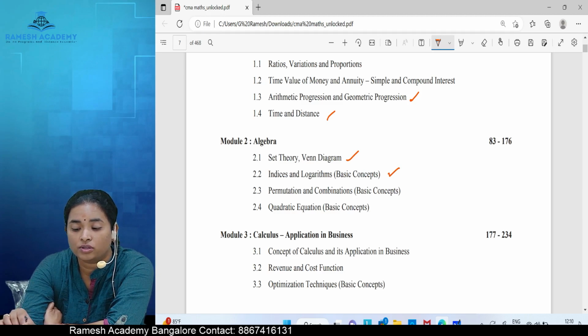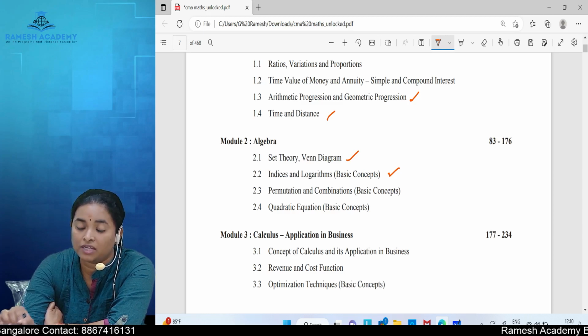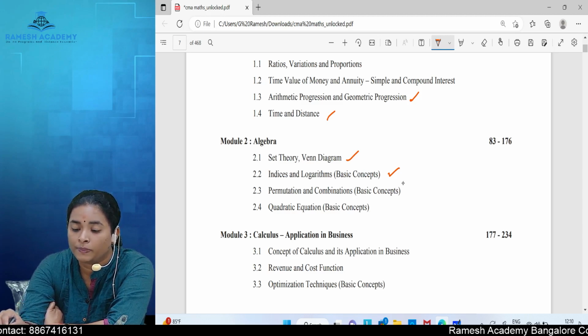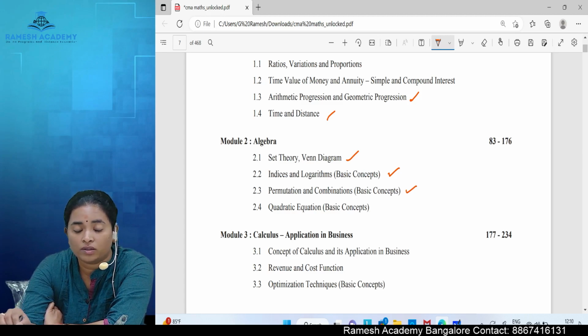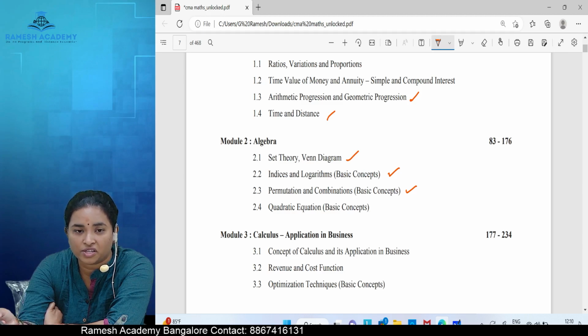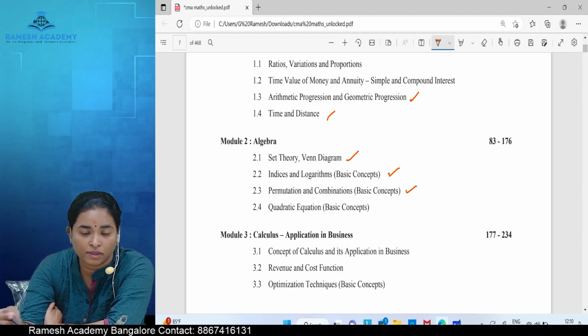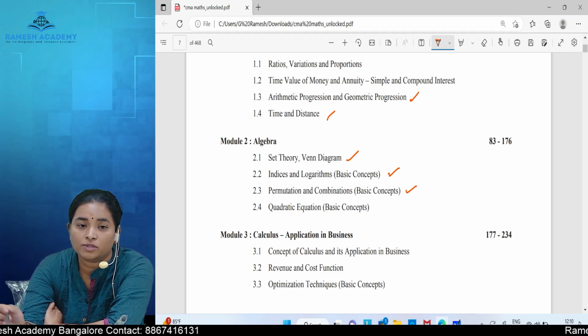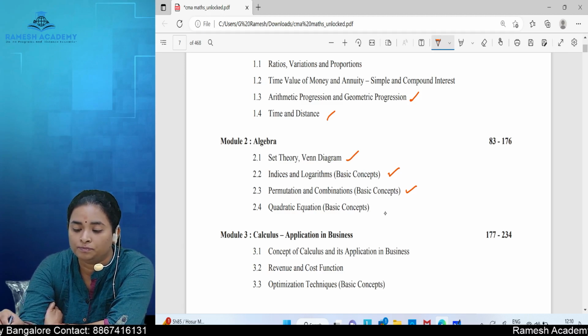It is actually a huge topic, but for this exam what you need to know are the basic general concepts. Then permutation and combinations is also a very important one, not only for your entrance exam but also in real life, like a given set of arranged objects or selection of some people and so on. So basic concepts and formulas will be useful.